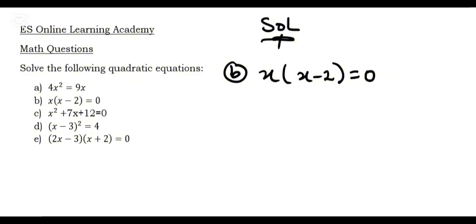So this simply means that we can just express this as follows: x is equal to 0 or x minus 2 equal to 0. So again, here already one solution for x is found, x equal to 0. So we just need the other solution. To get the other solution, we solve x minus 2 equal to 0.